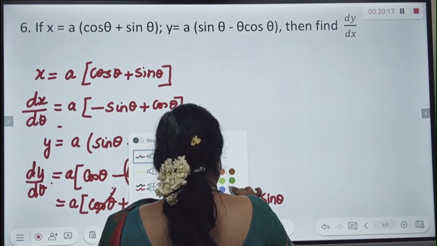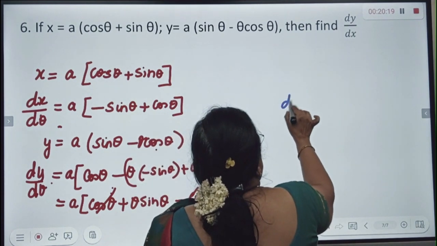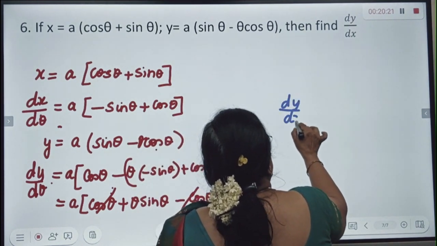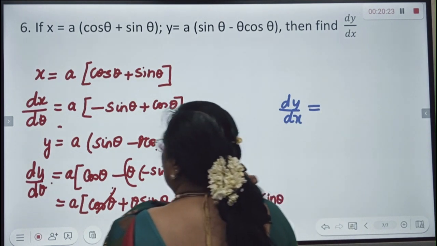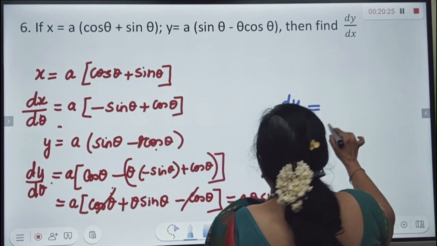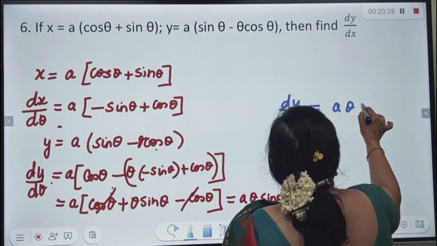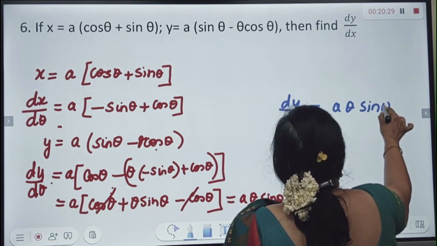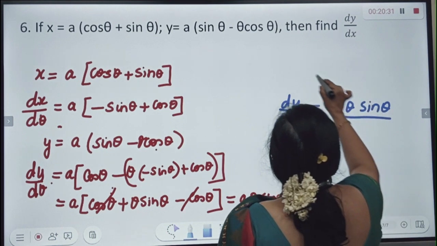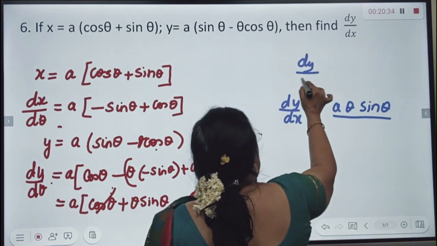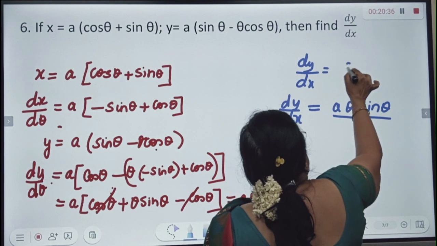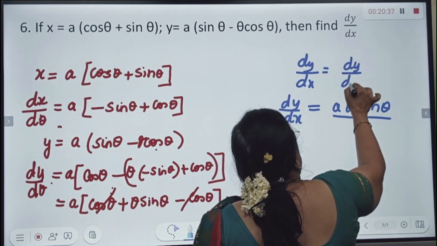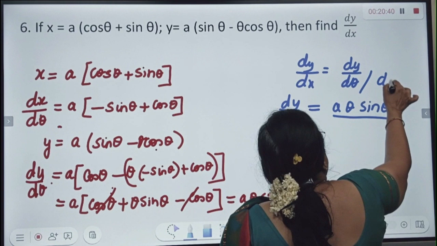Now what is your dy by dx? It will be equal to a theta sin theta, which is dy by dx is dy by d theta by dx by d theta.